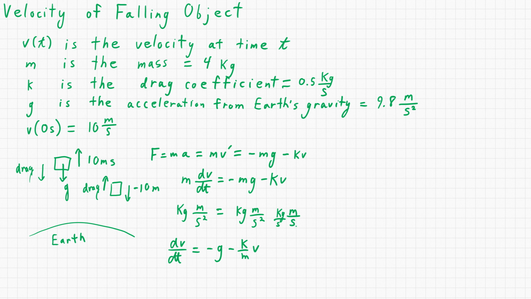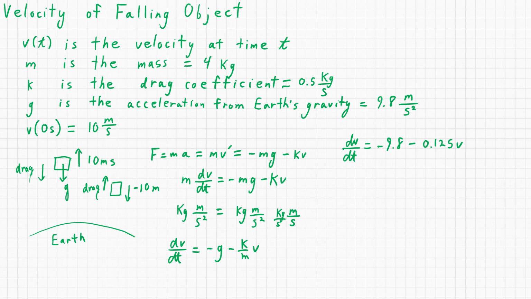Then if I actually plug things in, I have dv/dt equals negative 9.8 minus 0.125 v. So I took the half and then I divided by 4, so it ends up being 0.125 v.